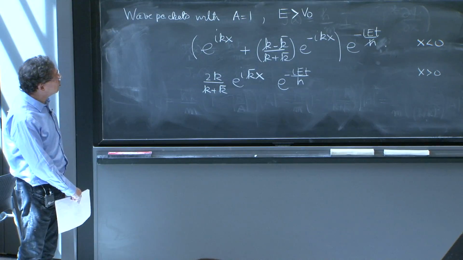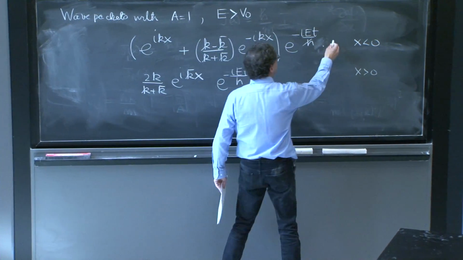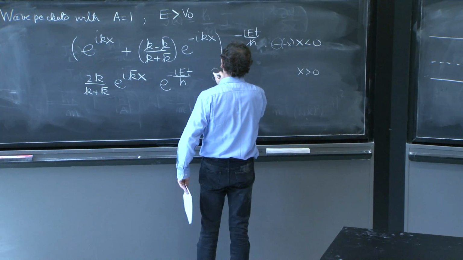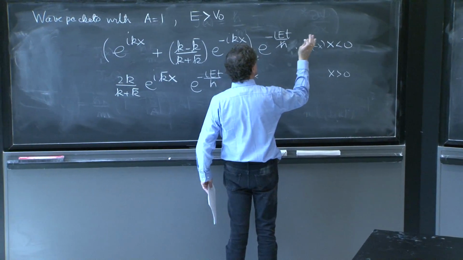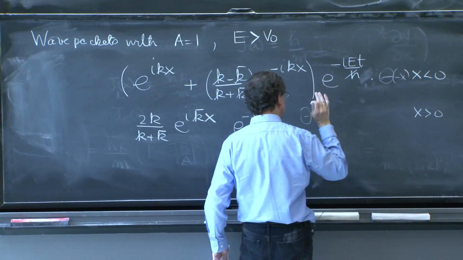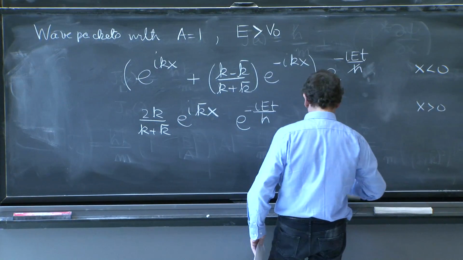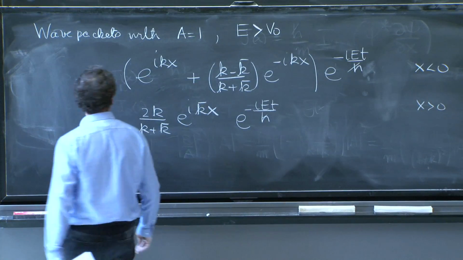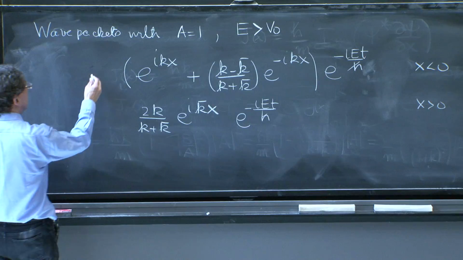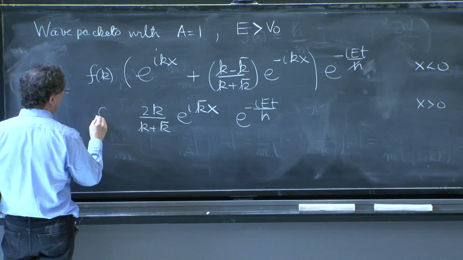Some mathematicians would put a theta function here, theta of minus x, and add this with a theta of x, so that this one exists for x less than 0, and this one exists for x greater than 0. I will not do that. I will write cases, but the philosophy is the same. So let's multiply by a number, f of k.